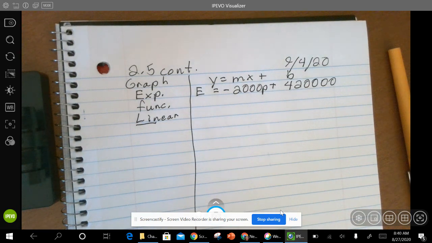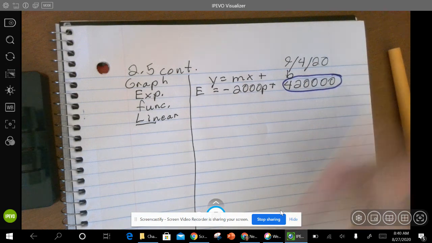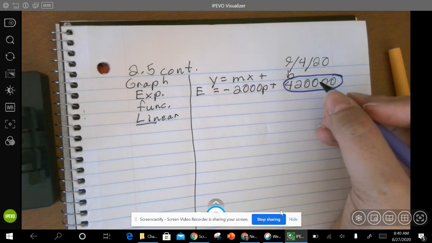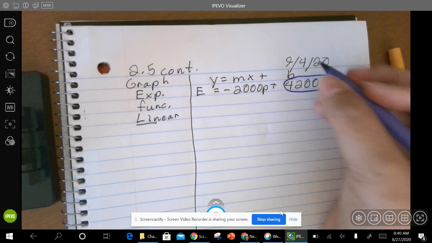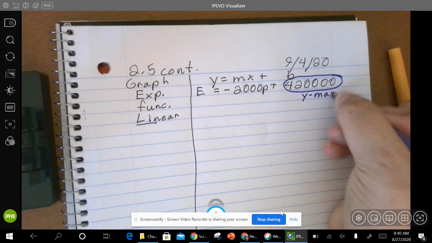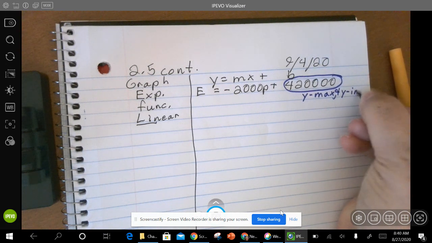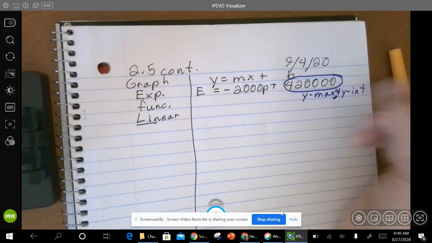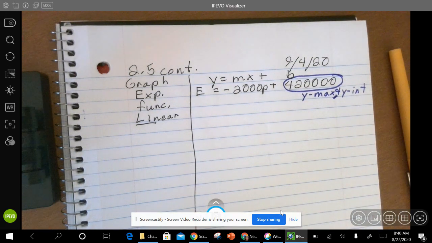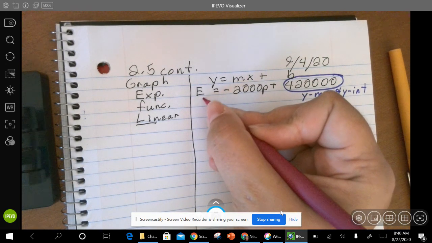Remember that this is our y-intercept. So this is our y maximum and y-intercept. So we're going to substitute in 0 for E. I'm just going to bring it down here, everybody.